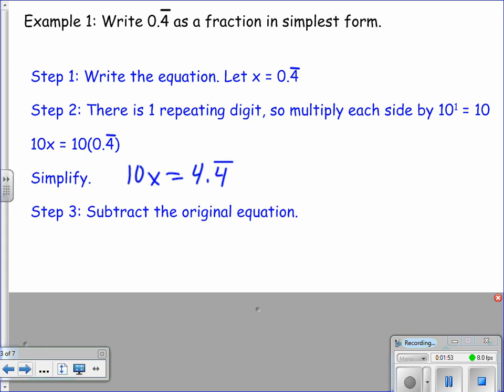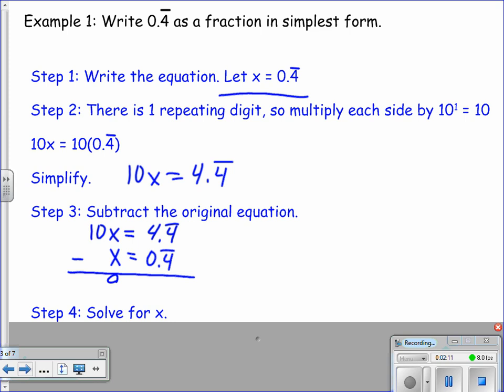Now, for step 3, we need to subtract the original equation. So we start with our simplified equation from step 2, and then we subtract our original equation, x equals 0.4 repeating. Now we're going to get 9x equals 4.